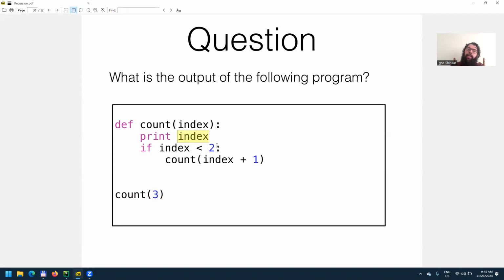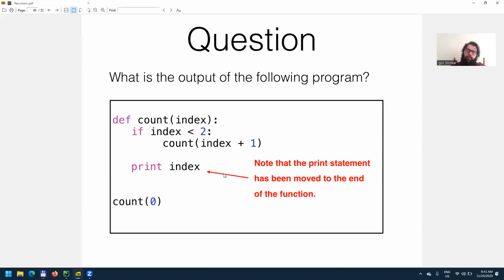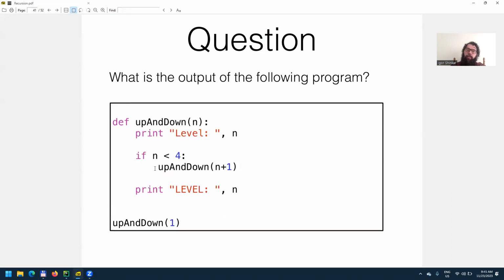It will say, is index less than 2? No, it's more than 2, it's 3. So we'll just exit. Basically this program will simply print 3. Please run it on your own, run a debugger and make sure that you understand what's going on there. Another example is to try to move print from the beginning to the end, and see how this affects the program.